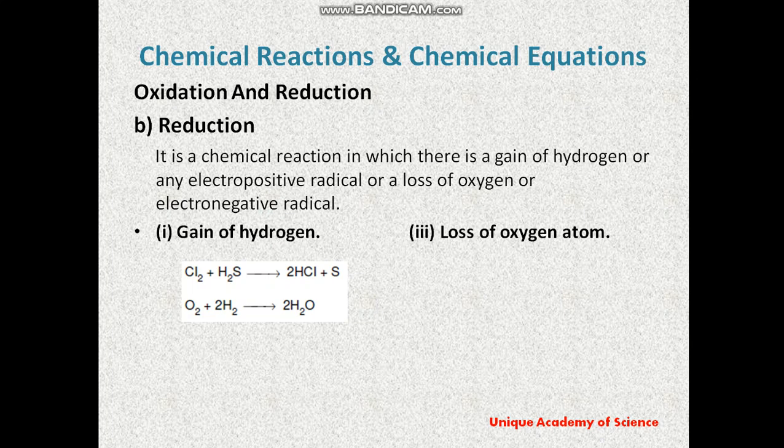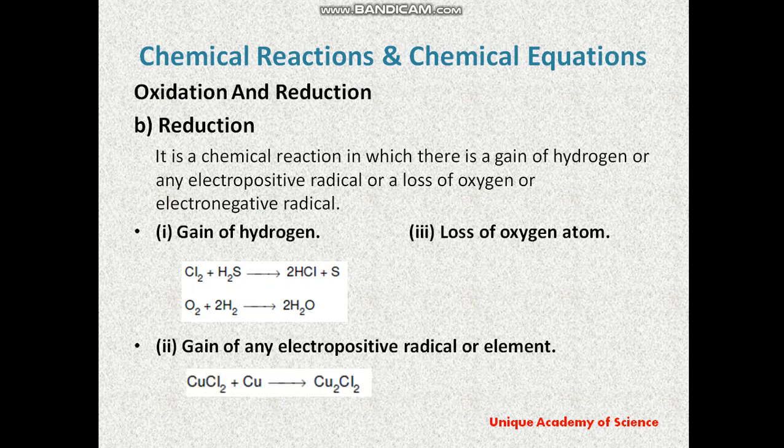Gain of hydrogen, loss of oxygen atom. For example, gain of hydrogen: chlorine reacts with hydrogen sulfide and gives HCl, and sulfur is removed. Here hydrogen is added, so it is known as reduction. Another example: oxygen and hydrogen combine to make water, so hydrogen is added, which is also reduction.